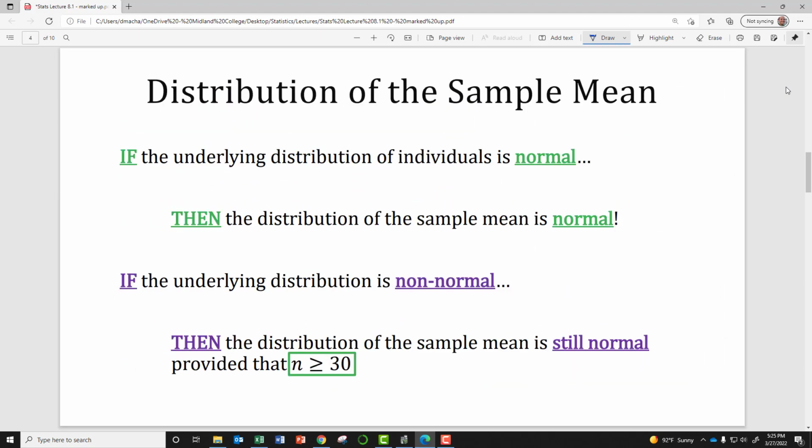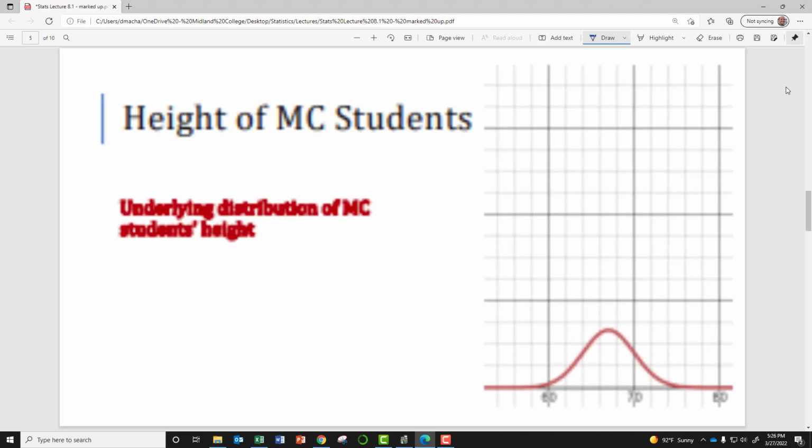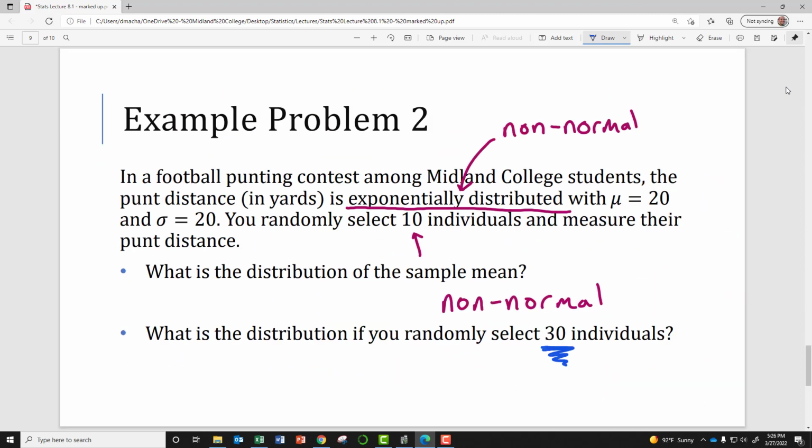If the underlying distribution is non-normal, then the distribution of the sample mean is still normal, provided that your sample size is greater than or equal to 30. So here, in the second bullet point, this is actually following a normal distribution, despite the fact that the underlying distribution was not normal.